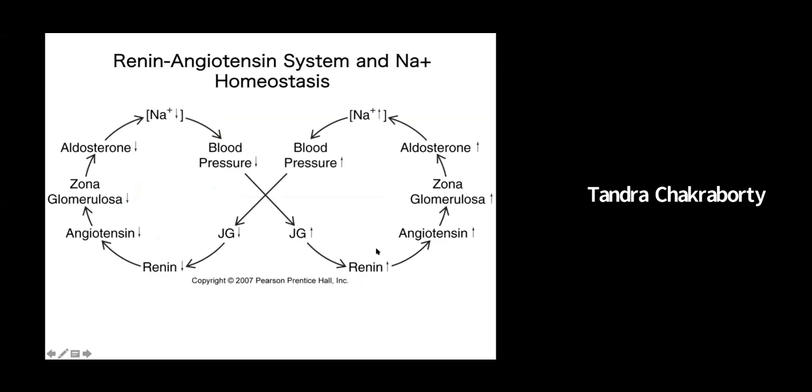Renin then acts on angiotensinogen to produce angiotensin 1 and 2, and angiotensin 2 acts on the zona glomerulosa to produce aldosterone. Aldosterone in turn is able to retain or increase sodium ions in the blood. Once that happens, blood pressure comes back. And this is just the opposite pathway.